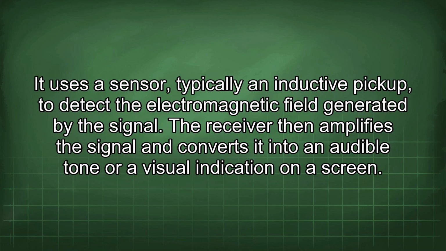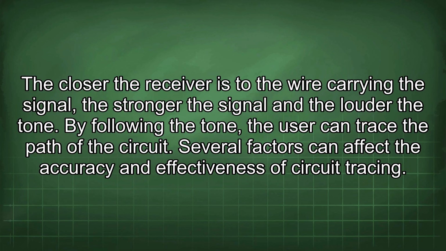It uses a sensor, typically an inductor pickup, to detect the electromagnetic field generated by the signal. The receiver then amplifies the signal and converts it into an audible tone or a visual indication on a screen. The closer the receiver is to the wire carrying the signal, the stronger the signal and the louder the tone. By following the tone, the user can trace the path of the circuit.